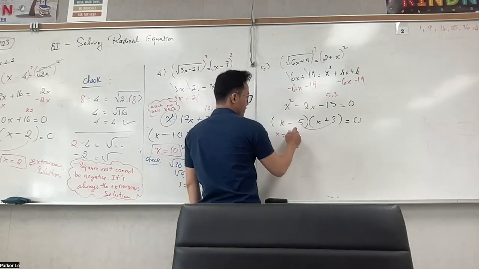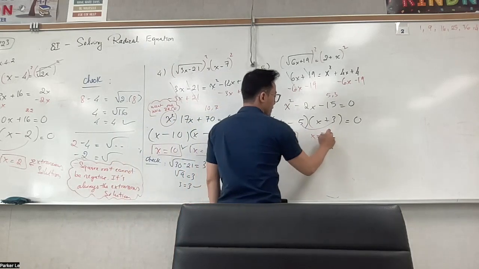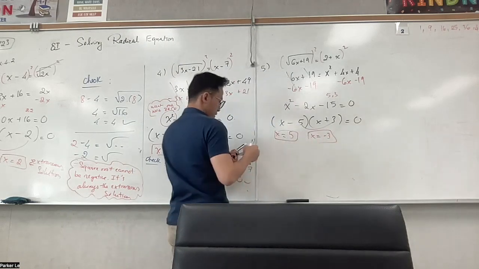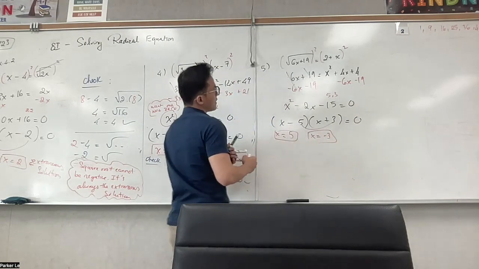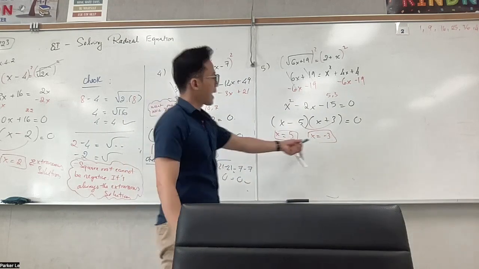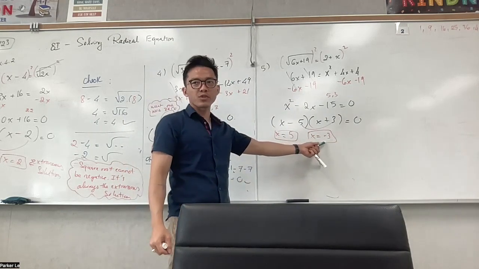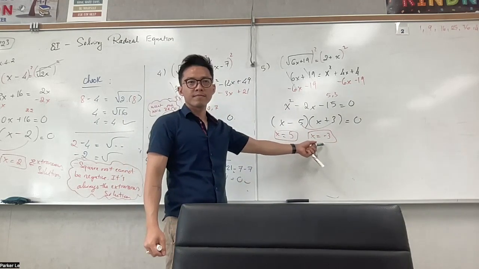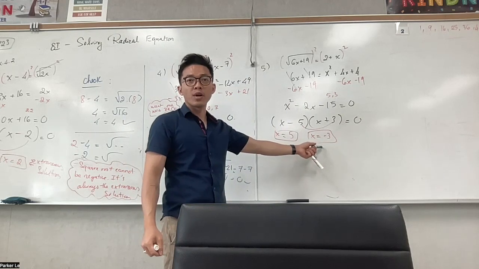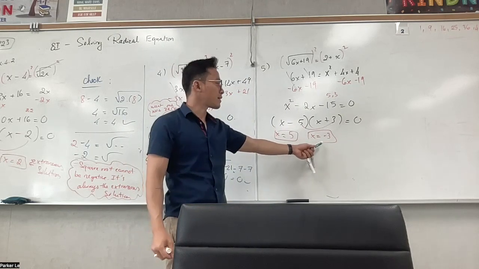So x is equal to 5, and x is equal to negative 3. Awesome. So plug it in. I can see right away negative 3 is the extraneous one. How do I know negative 3 is extraneous, right away?